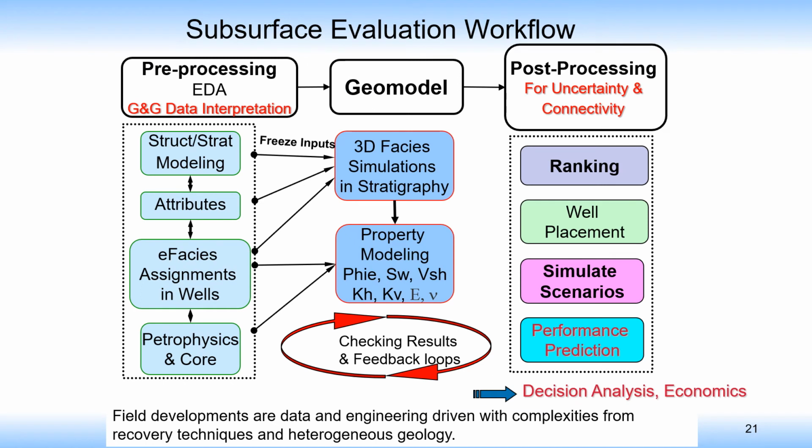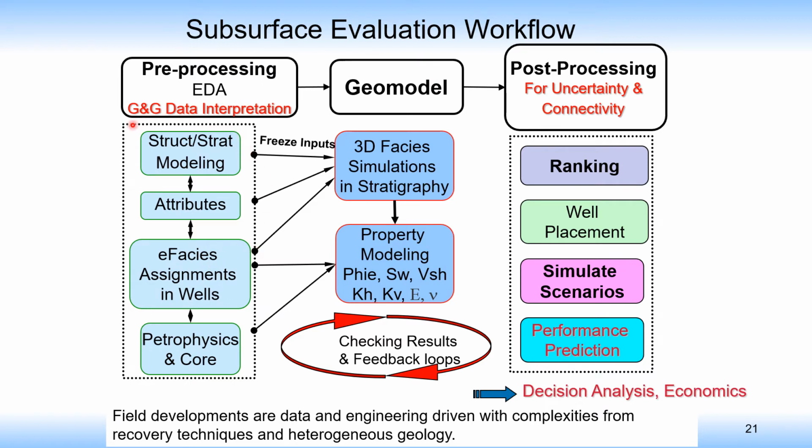Let's look at the subsurface evaluation workflow with a different graphic. We have the geomodel that we're going to build, and we're going to look at the G&G data interpretation, data gathering, and exploratory data analysis as a pre-processing to the modeling. We're going to treat the geomodel as the center of the process.